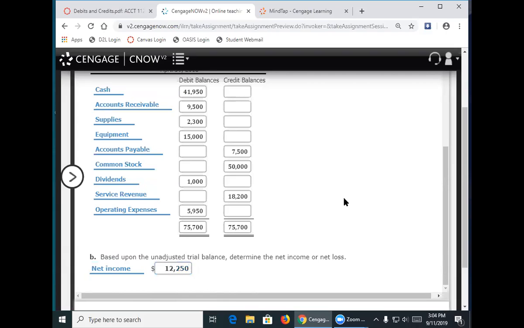So revenue of $18,200 minus our one expense account of $59.50 gives net income of $12,250, and we would see that when we prepare the income statement. So it's revenue minus expenses. We only had one expense. Generally, we'd have more than one. But yeah, it's all your revenues minus all of your expenses.